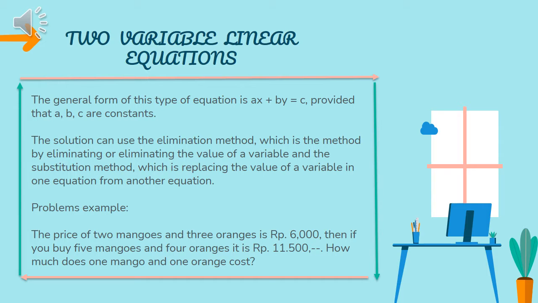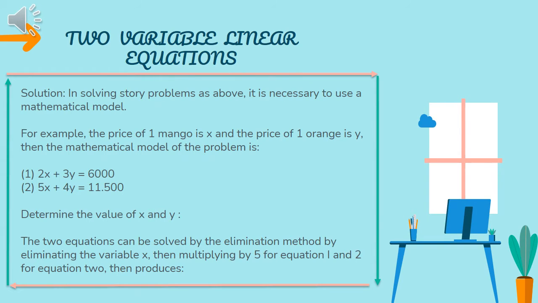Problems example. The price of 2 mangoes and 3 oranges is 6,000. Then, if you buy 5 mangoes and 4 oranges, it is 11,500. How much does one mango and one orange cost? Solution.